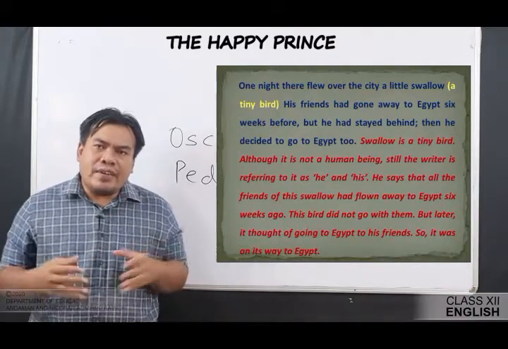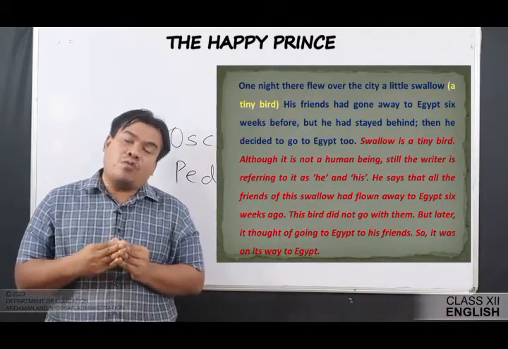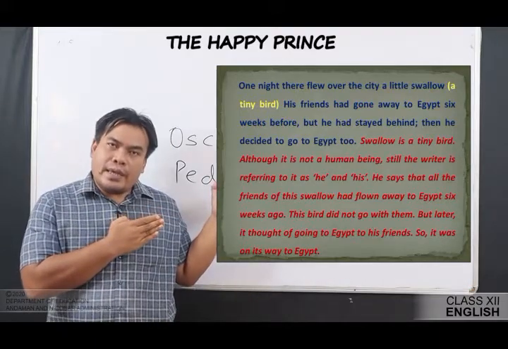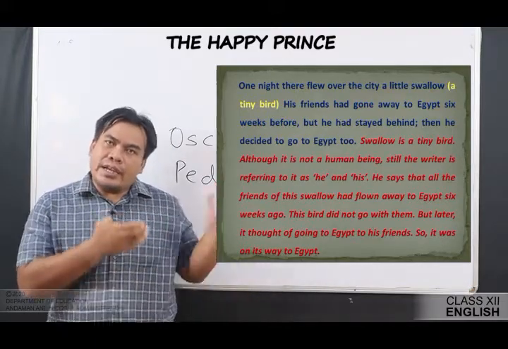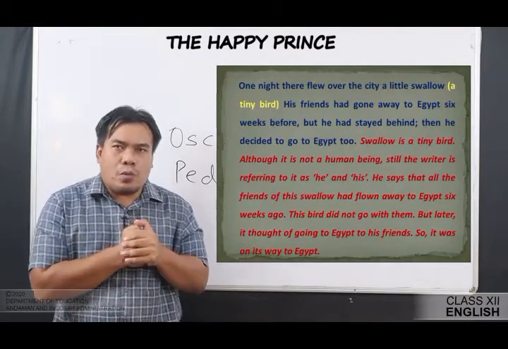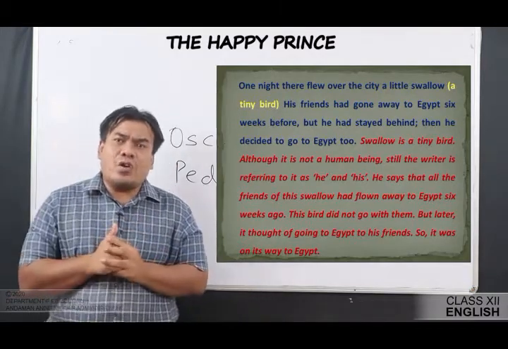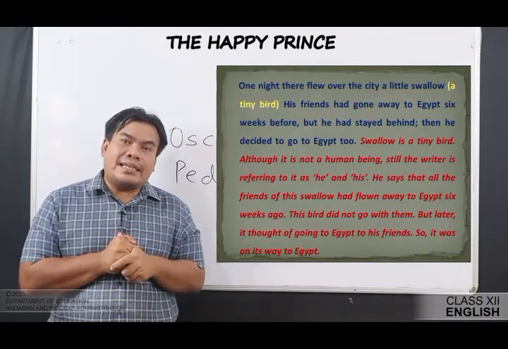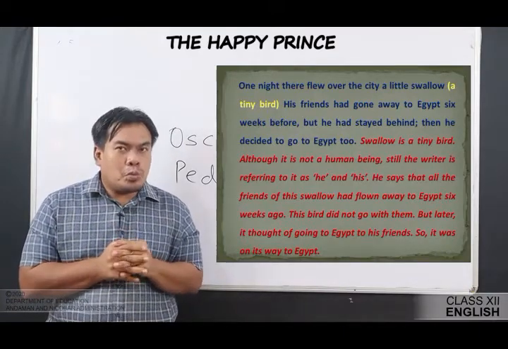His friends had gone away to Egypt 6 weeks before. His is referring to that swallow. So his friends had gone away to Egypt 6 weeks before, but he had stayed behind. Then he decided to go to Egypt too.